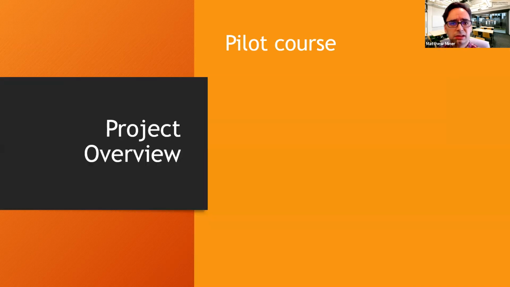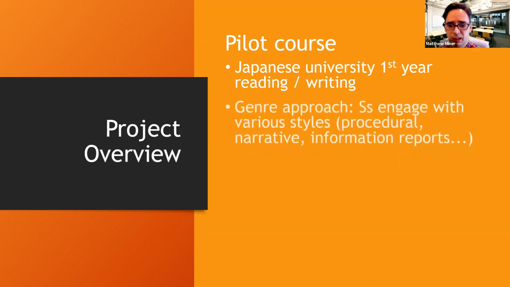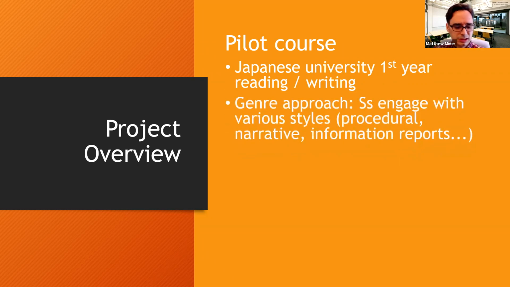So after we conducted the literature review that Kevin highlighted, we piloted this course in a first-year Japanese reading and writing course, so it was all freshmen. This course traditionally follows a genre approach. So what a genre approach to reading and writing looks like is that students engage with different genres of writing, different styles of writing. Some examples include procedural texts.